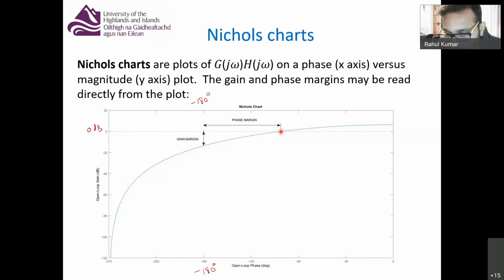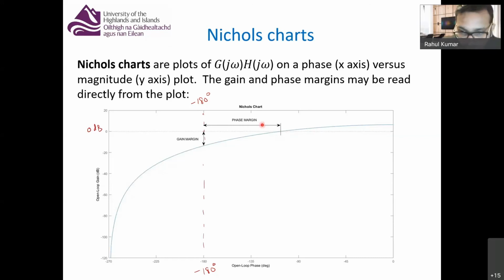From this point we measure the difference to the 180 degree line. The 180 degree line is here, this one. I will also draw this. It is approximately here. So we measure this difference from minus 180 to where the Nichols chart is crossing the 0 dB line. That will give me the phase margin.